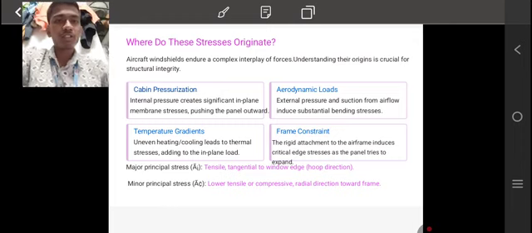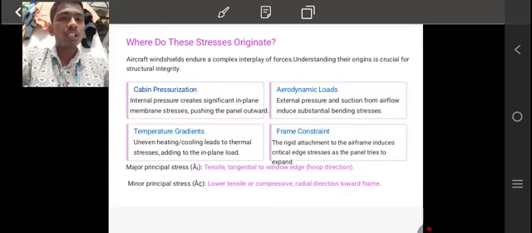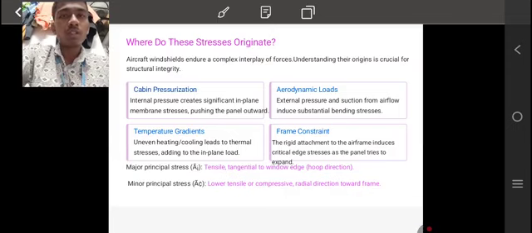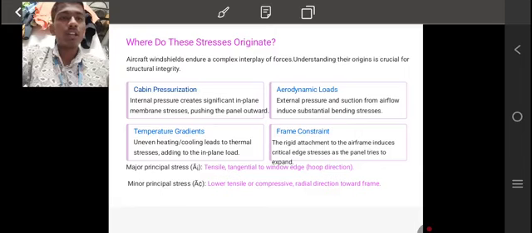Third is temperature gradient. Uneven heating and cooling leads to thermal stresses, adding to the in-plane load. Due to airflow, friction happens between the windshield and the flowing air.